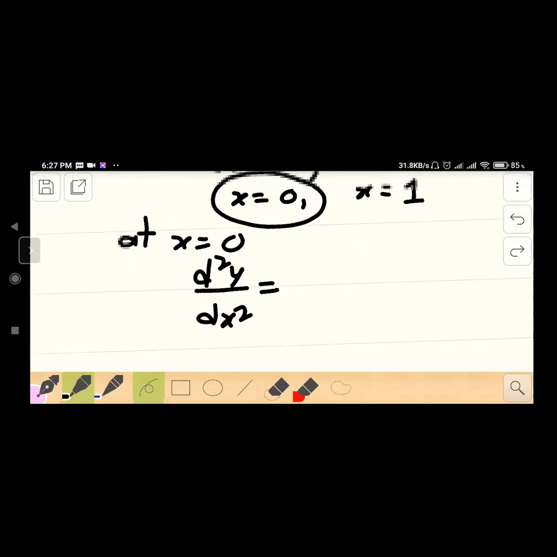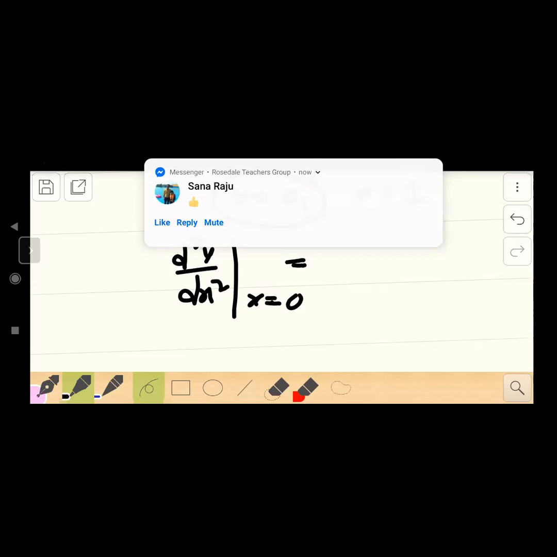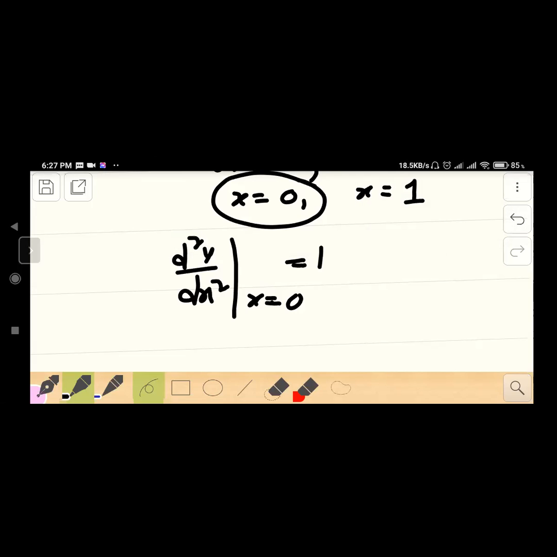Okay, instead of writing it in this way, we can write it in this format. Look, d square y by dx square at x is equal to 0 is equal to 12x minus 6.